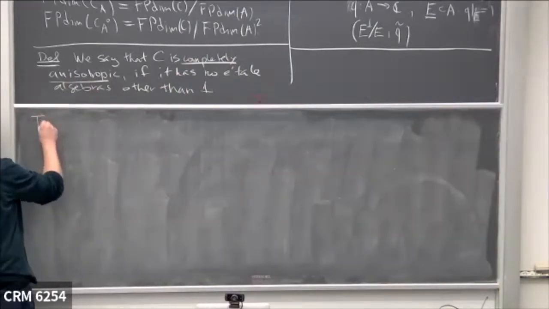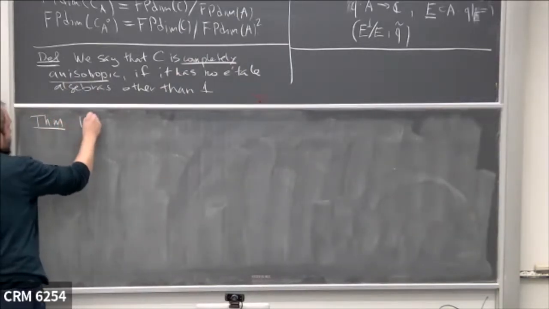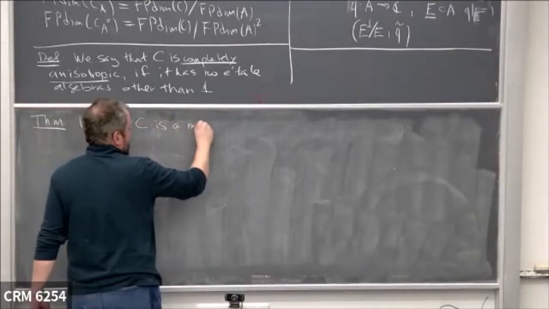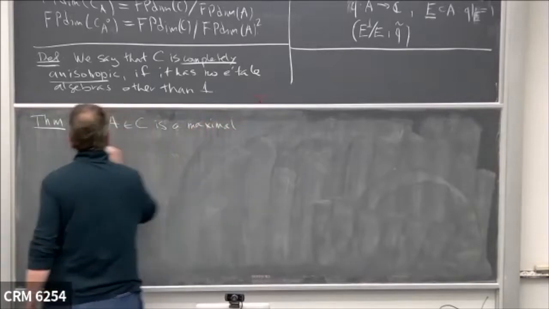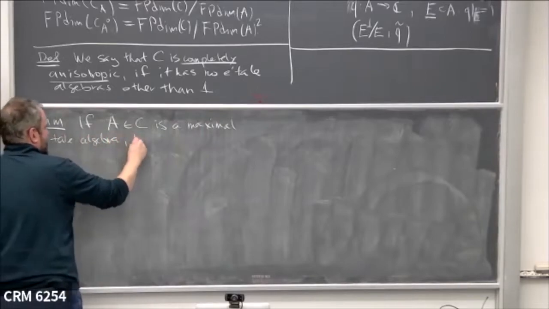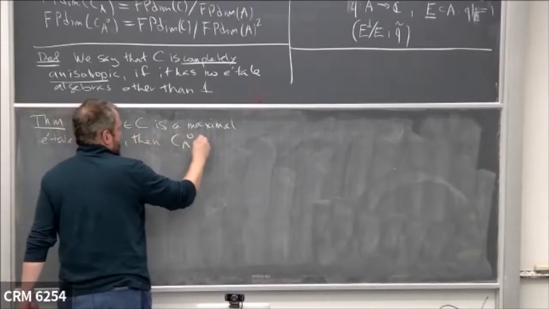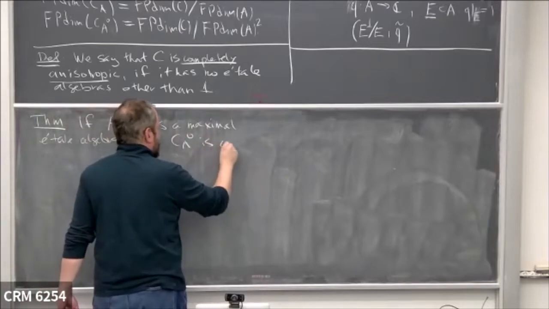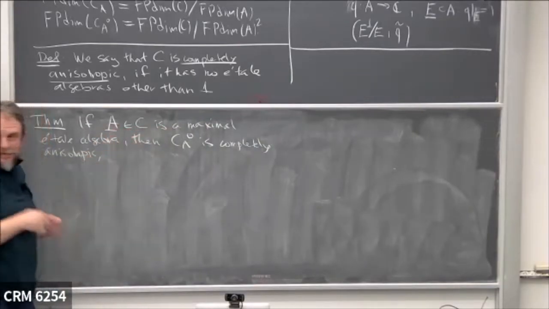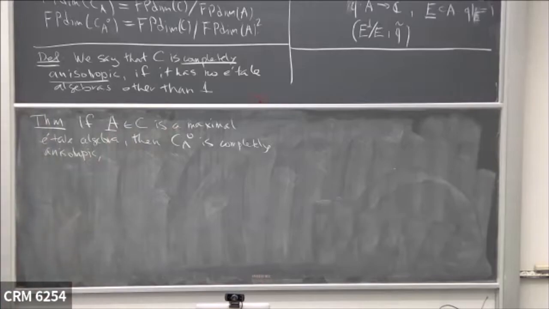Namely, we have this theorem that if A inside C is a maximal connected Atelier algebra, then the category of local modules is completely anisotropic. And furthermore, it doesn't depend on the choice of A. So it is an invariant. If you pick another maximal isotropic algebra, you'll get the same result.